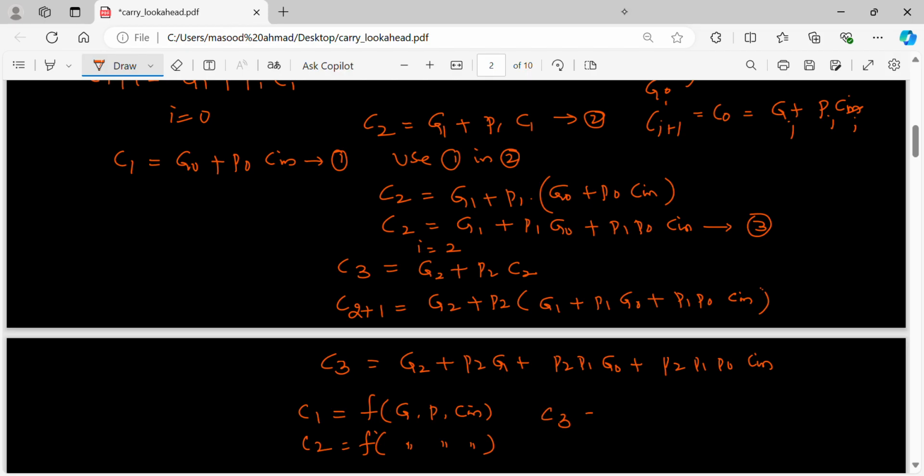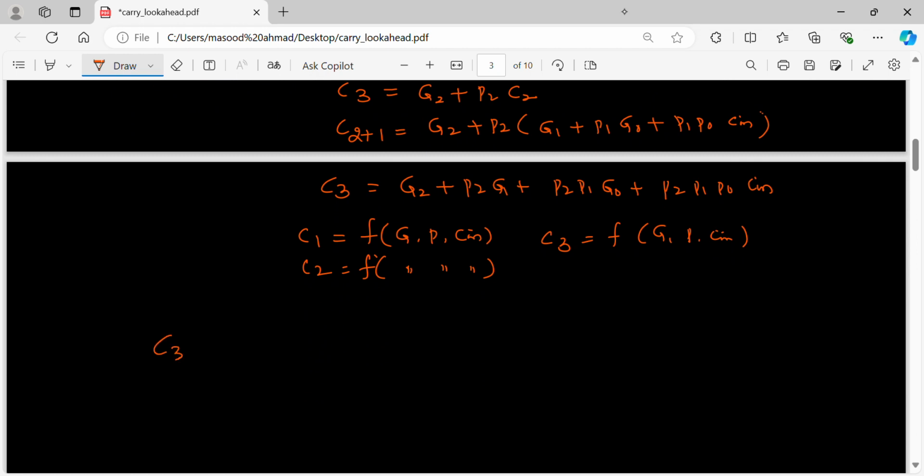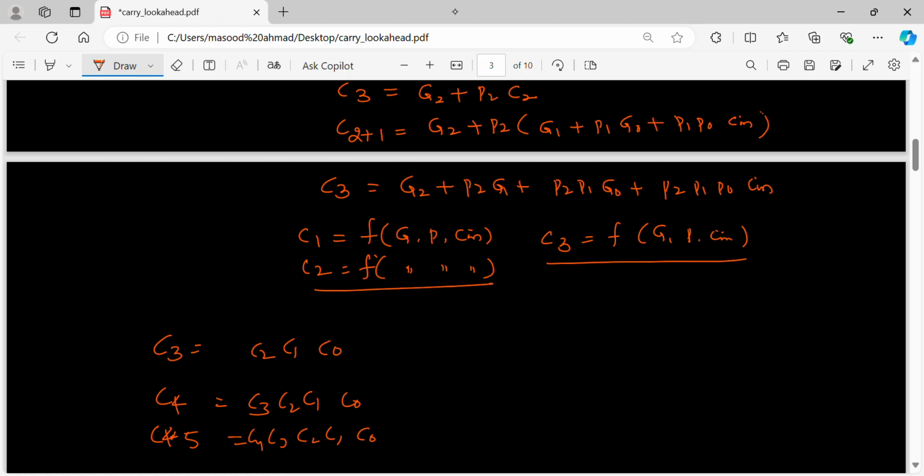Similarly C3 is a function of generate, propagate, and Cin. But in the case of a ripple carry adder, this is not the case. If you want C3, you have to compute C0, C1, C2. If you want C4, you have to compute C0, C1, C2, C3. If you want C5, you have to compute C0, C1, C2, C3, C4. But here it depends on only Cin.